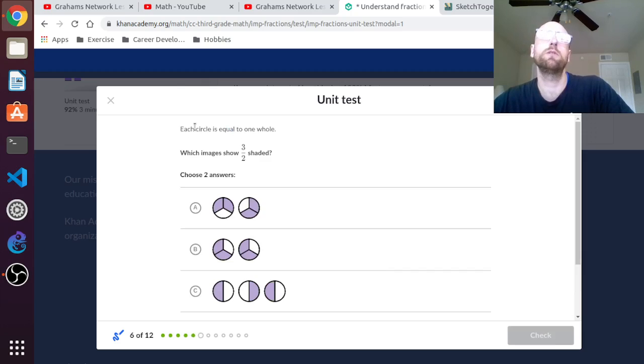Each circle is equal to 1 whole. Which images show 3/2 shaded? Okay, so each circle is equal to 1 whole. So we're going to have more than one shaded.